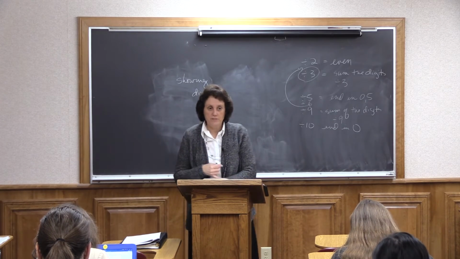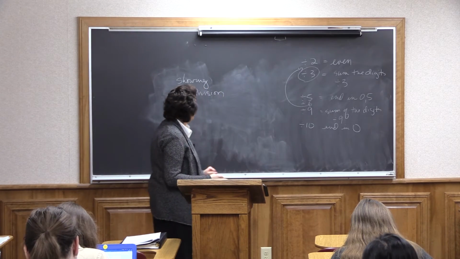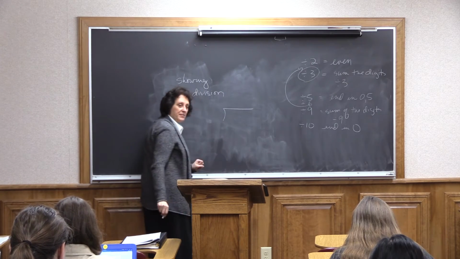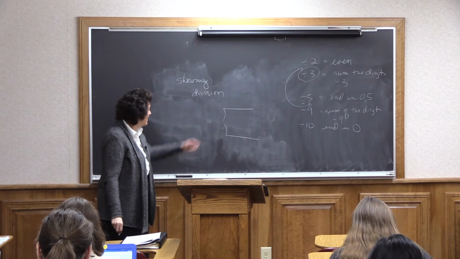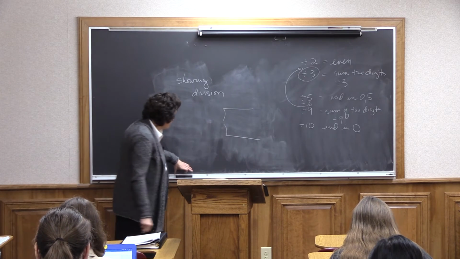How can we show division? How many different ways? Just have a couple minutes here. We can show division with the division bar, either way, long division, short division.